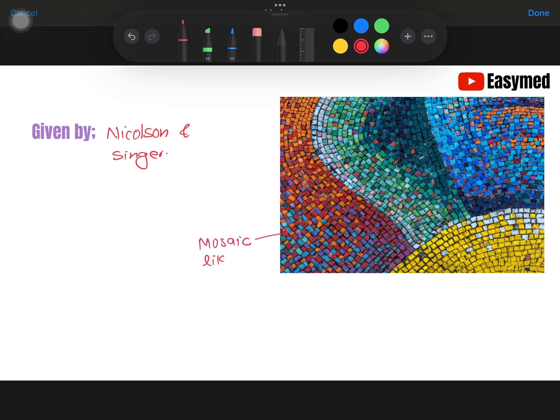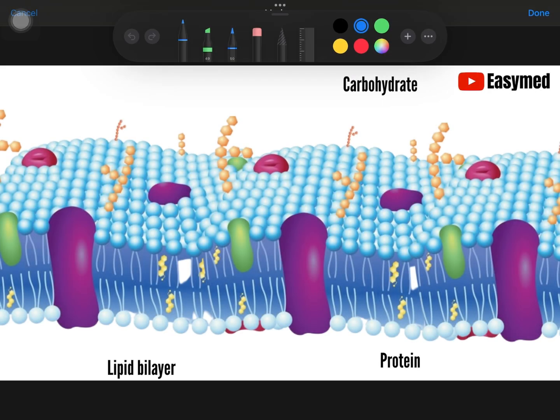According to this model, the cell membrane consists of a lipid bilayer and protein and carbohydrate.